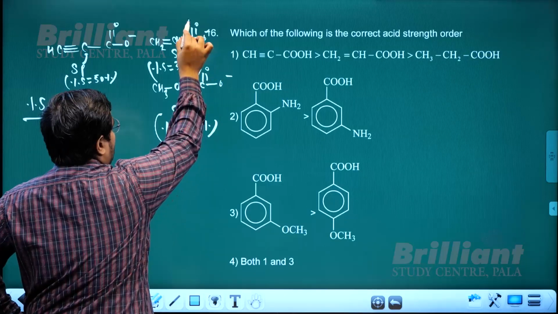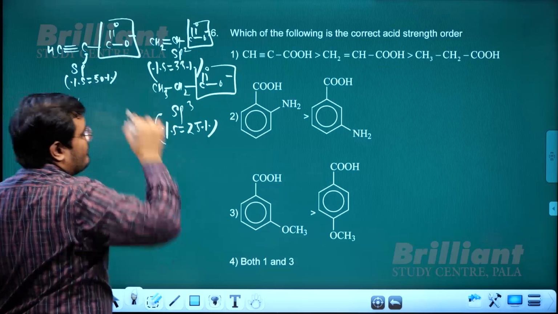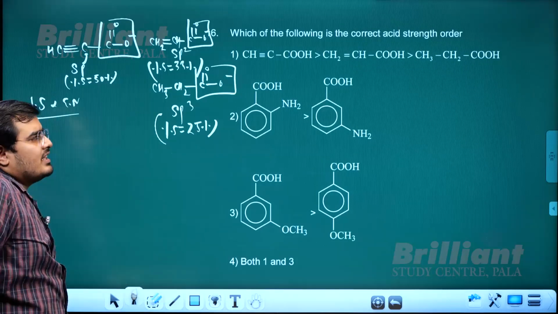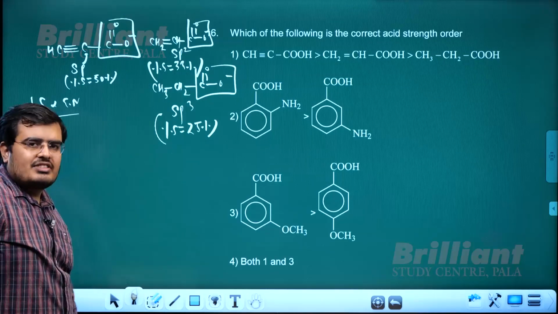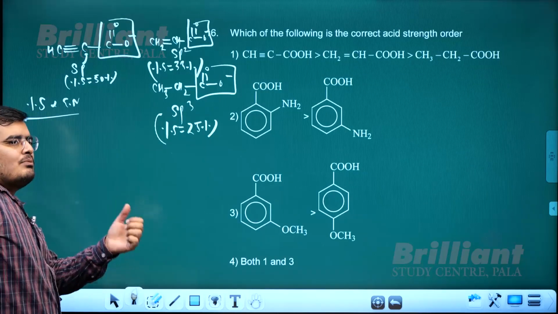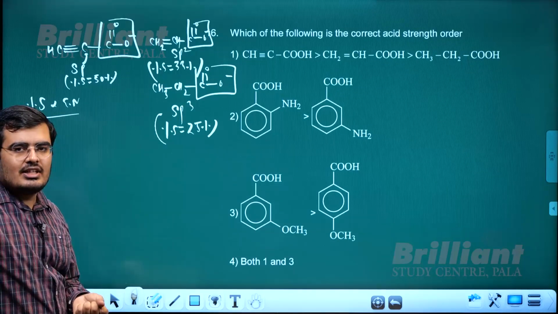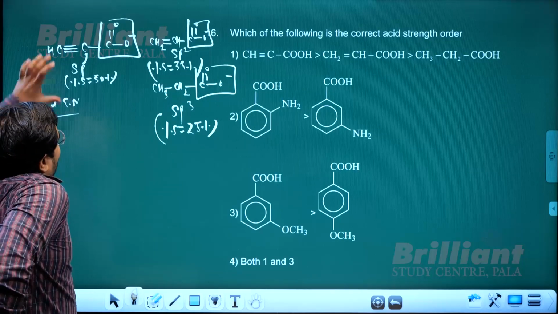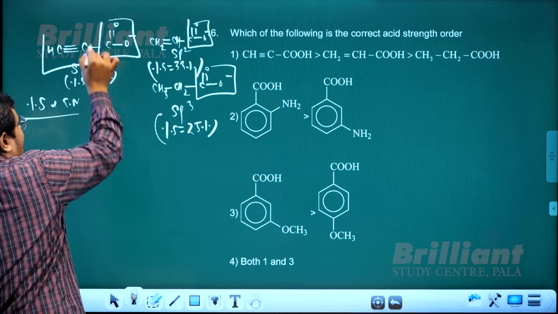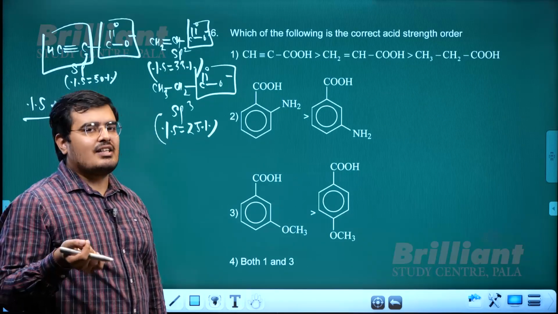So we can say the carboxylate anion in all the above cases is resonance stabilized. So that stabilizing factor is the same in all three cases. What is the effect of the substituent here? If I have a more electron withdrawing substituent, then that will stabilize my carboxylate anion more and hence will increase acidity more. As I can see, in this case the substituent has a carbon atom which is sp hybridized, which has 50% s character.